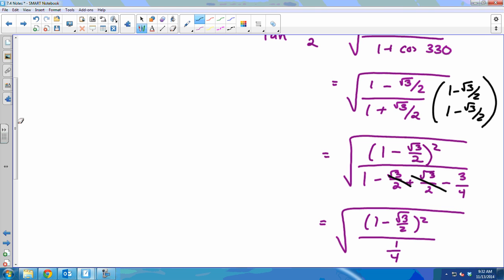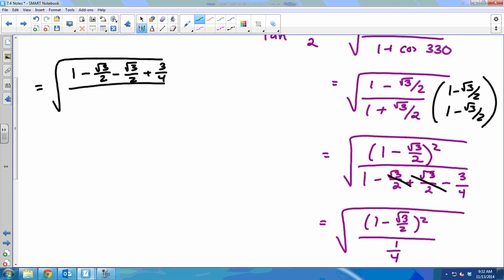So when I multiply by the conjugate, I went ahead and just FOILed the numerator too. Again, not that clever sometimes. So I got 1 minus the square root of 3 over 2 minus the square root of 3 over 2 plus 3/4 in the numerator. I'm going to go ahead and have 1/4 in the denominator. We already saw where that came from.